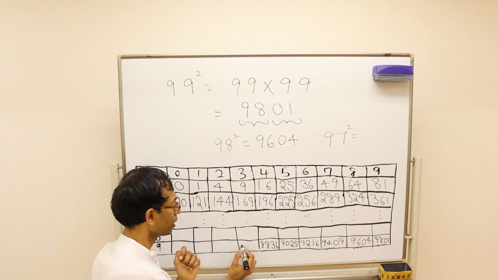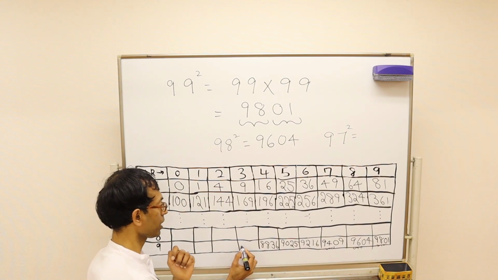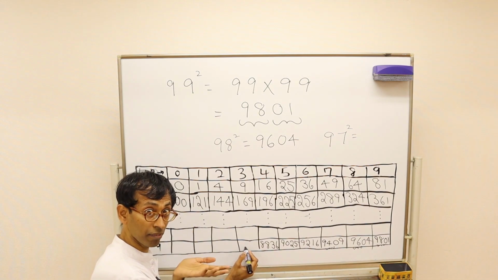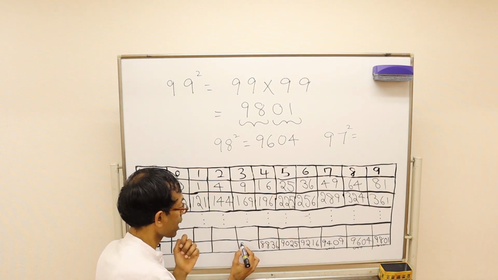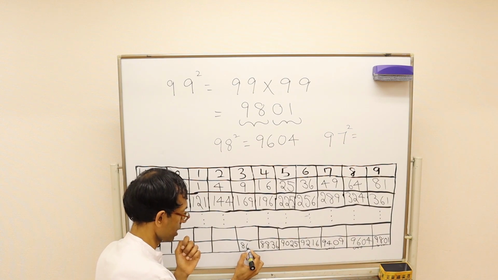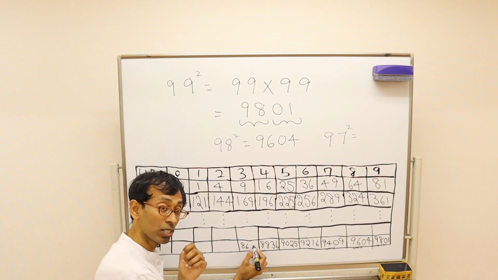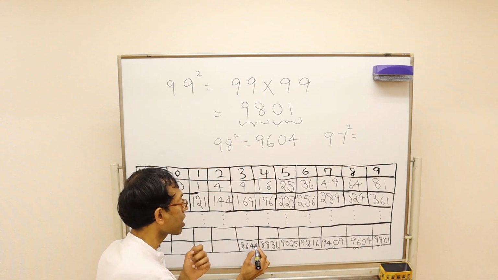And then here you have 93. 93 minus proximity 7 is 86, and then you have 7 square, 49.